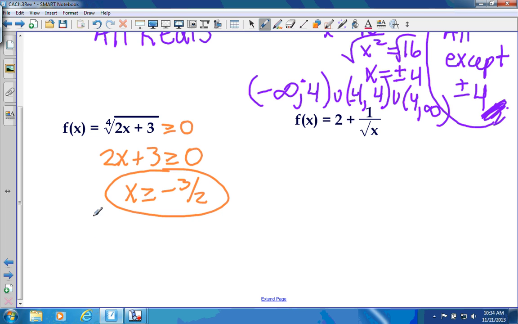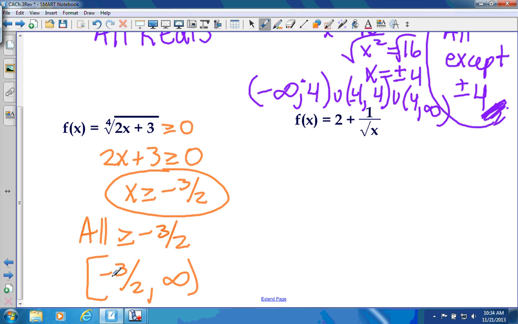And so there's your domain. Or you can say negative 3 halves to infinity. If it's an odd root here, then it's always all reals. Then you can put anything in. It's only when it's even that it's going to be limited.